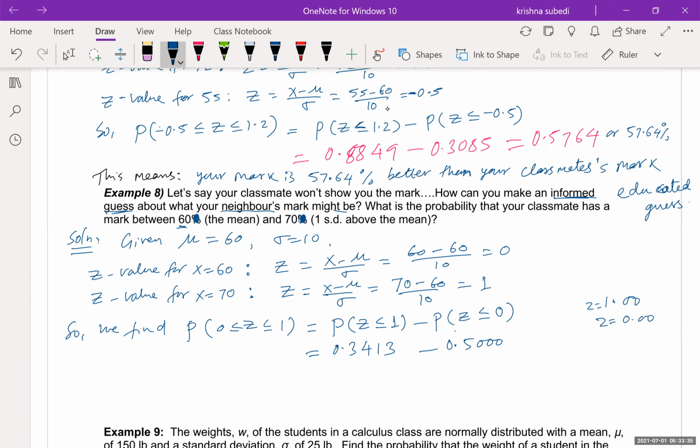Oh, no, I think you mean the result is 0.3413. Okay, thank you. And so what is this value? Okay, 0.8413. Thank you guys. So this one, you can say 34.13 percentile.